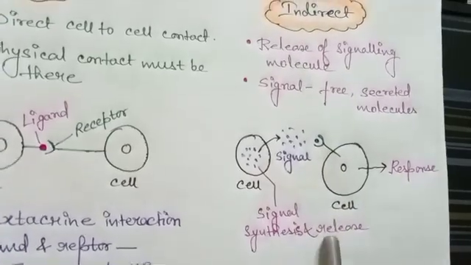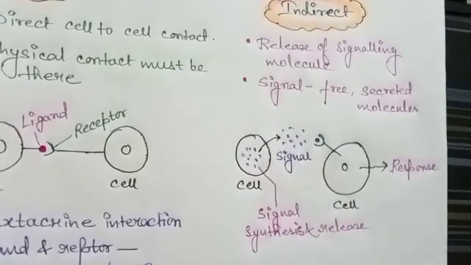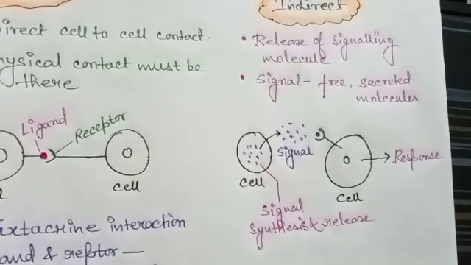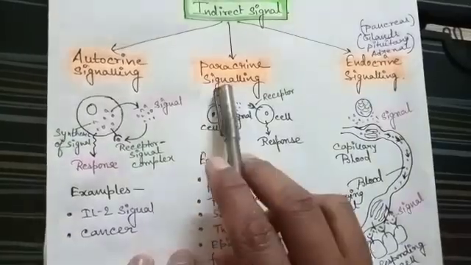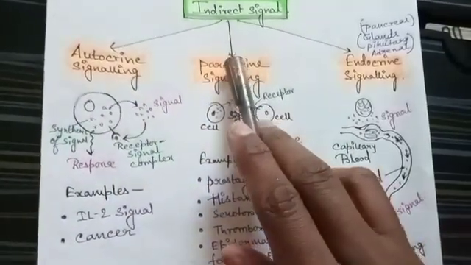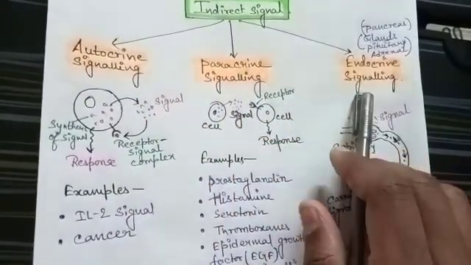So this is indirect signaling. Basically indirect signaling is of three types. First one is autocrine signaling, the second one is paracrine signaling, and the third one is endocrine signaling.